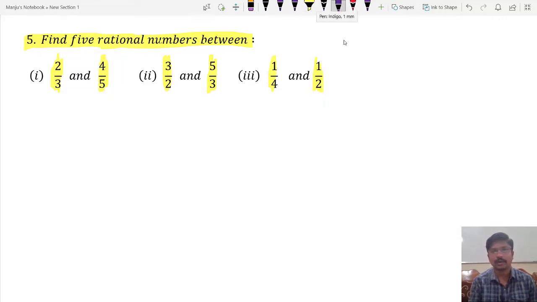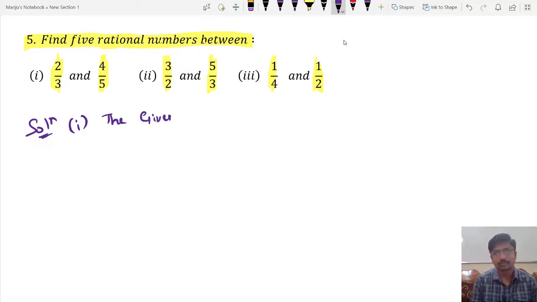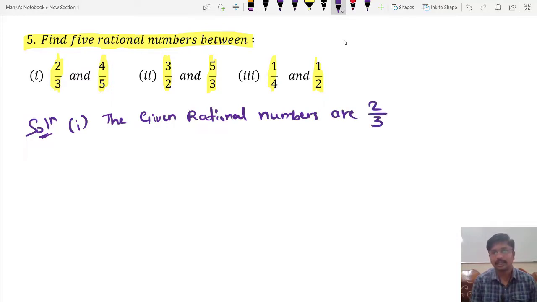Now I am solving the first one. Solution. First one, the given rational numbers are 2 by 3 and 4 by 5.